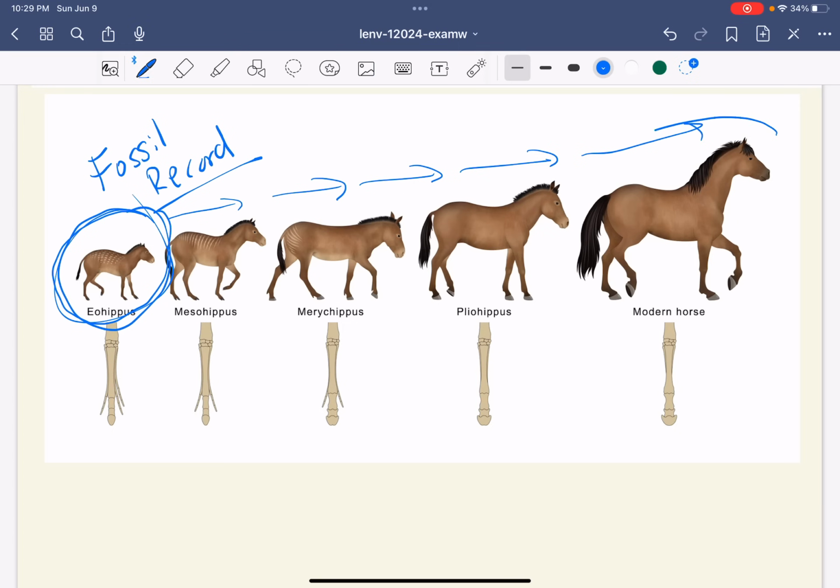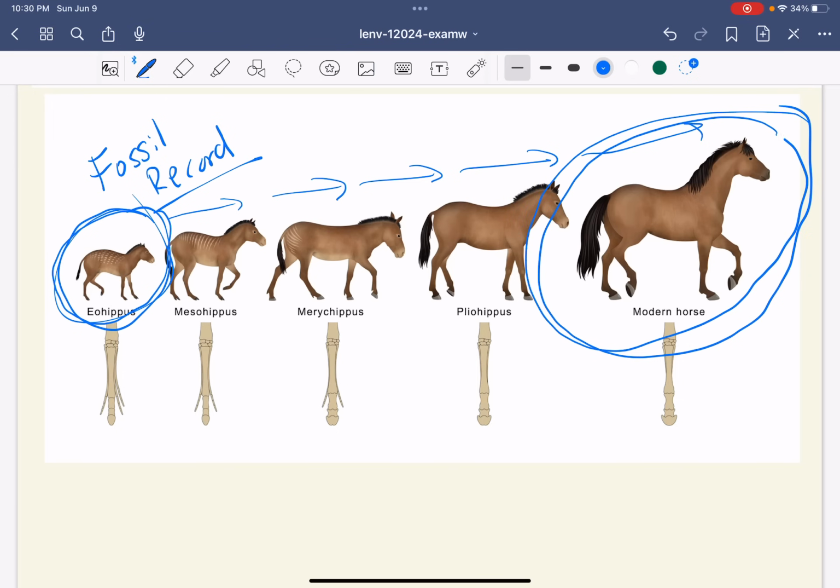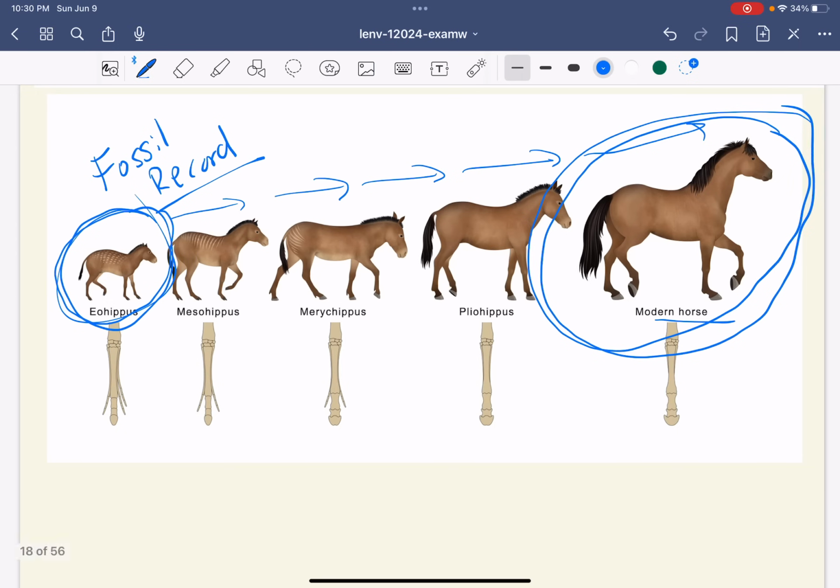And now with selective breeding, us making sure that certain horses breed with each other for race horses or horses that are in competition, we have the modern horses that we know today that are large, race horses, show horses, whatever the case may be.